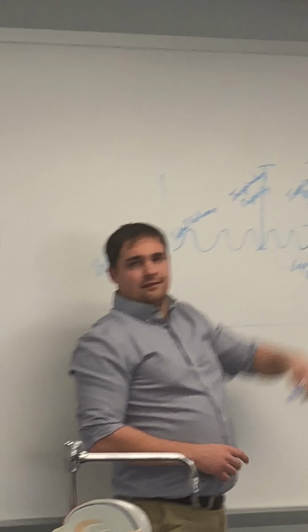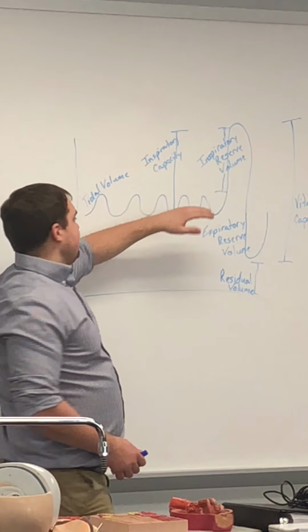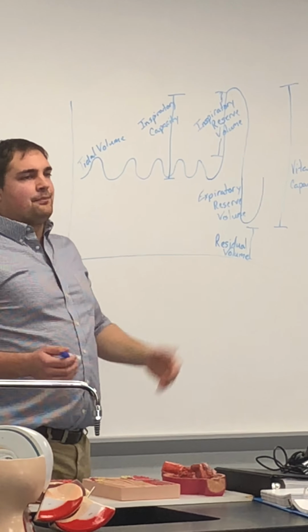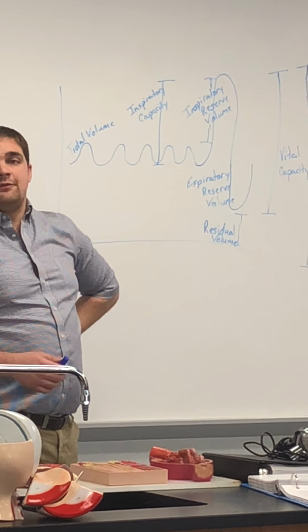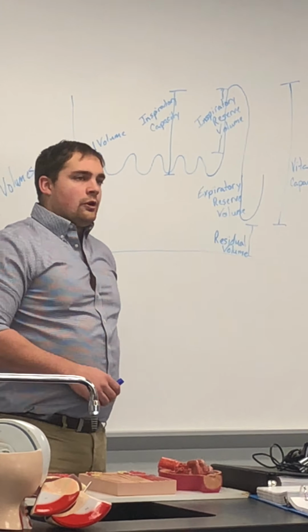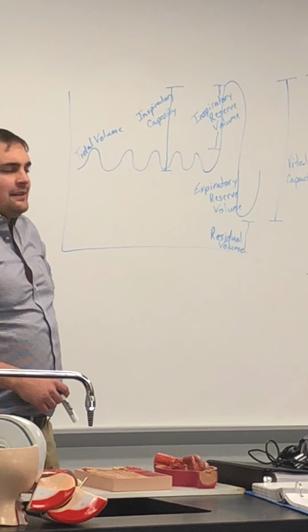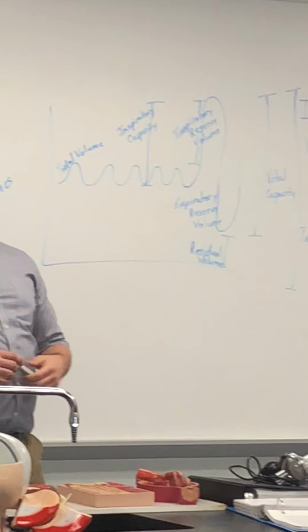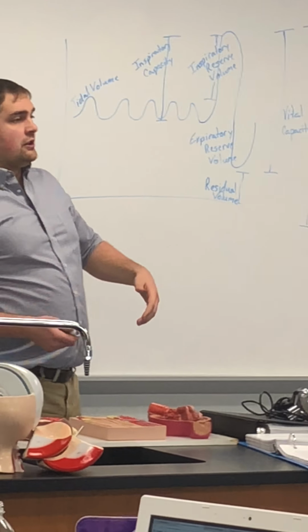For the test, you're going to see a chart like this, and it'll have A, B, C, D, and I'll ask which letter represents which volume, or which capacity, or the value represented by letter A added to the value represented by letter C would equal what?